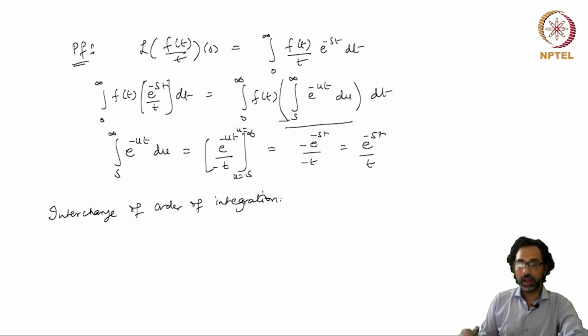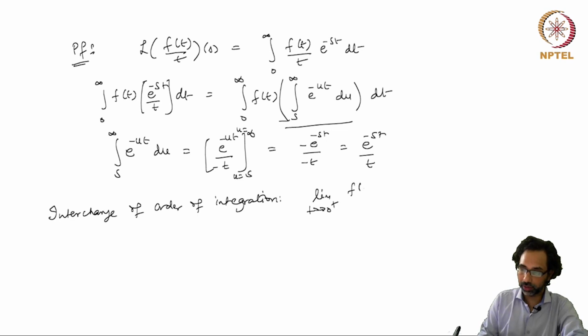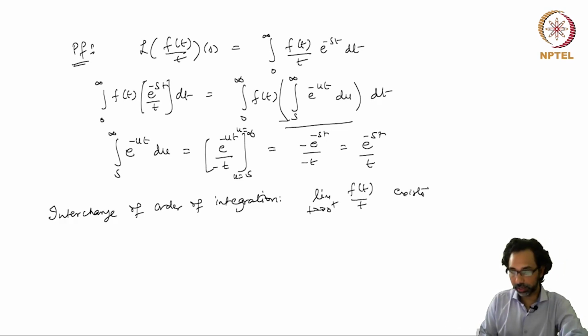But since we have assumed that our f(t) is piecewise continuous and of exponential order, and that the limit as t tends to 0 plus of f(t) over t exists, this will guarantee that this interchange of order of integration is allowed. So if this exists, then this is allowed.